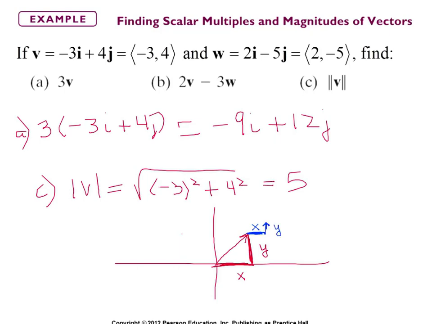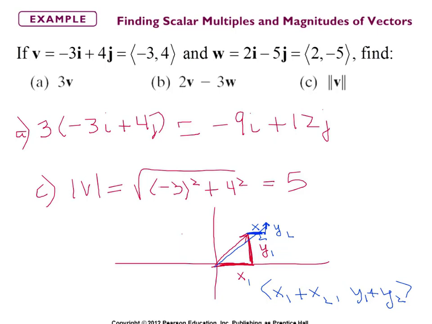So the resulting vector is that. Let's call these x1 and x2, y1 and y2. The resulting vector in the x direction would be x1 plus x2, and in the y direction y1 plus y2, right? Right. So we just add the x values and we add the y values. Yeah, that's clear.